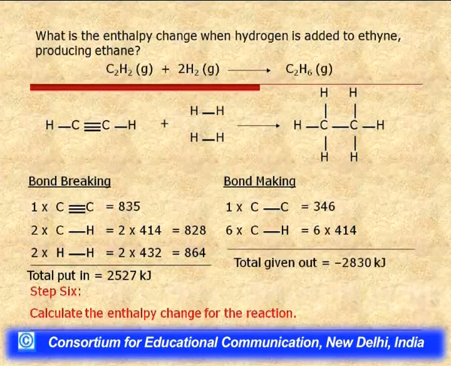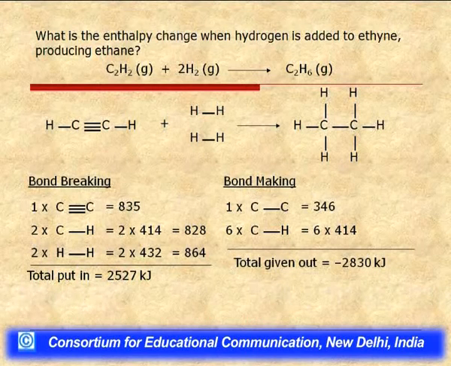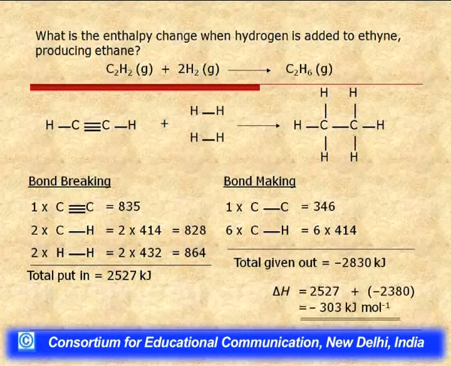So, if we need to calculate the enthalpy change for the reaction, we need to take the sum of the enthalpies involved in the process of bond breaking and bond making. When we do so, what we get is the sum of the heat required to break all the bonds in reactants plus the sum of heat which gets evolved in the process of bond making. Ultimately it amounts to minus 303 kilojoule per mole.